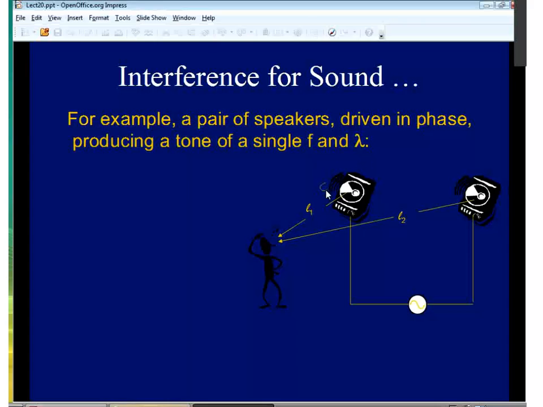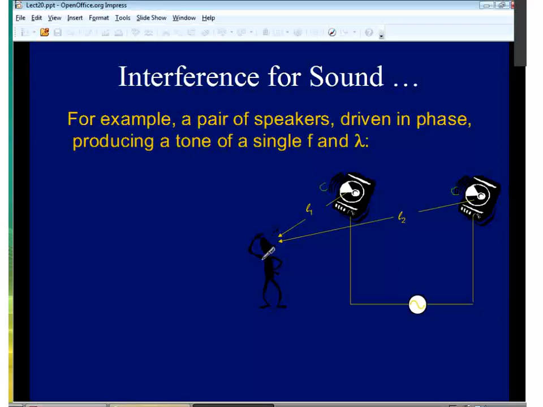So yes, C naught might have left both speakers at the same instant, but because this is close, that C naught reaches early, and here C naught reaches late. So some angle difference can be created, but keep it fixed. When we say coherent, keep that angle difference fixed. Don't let this fellow move left, right, all that. Then interference won't work.